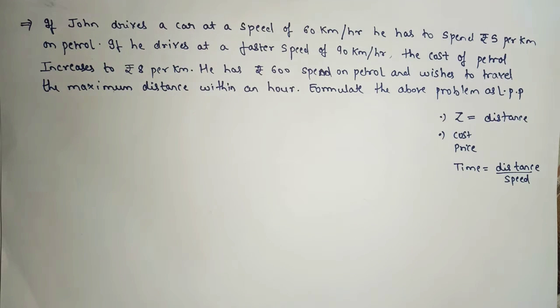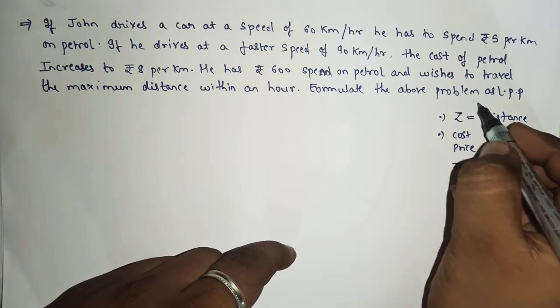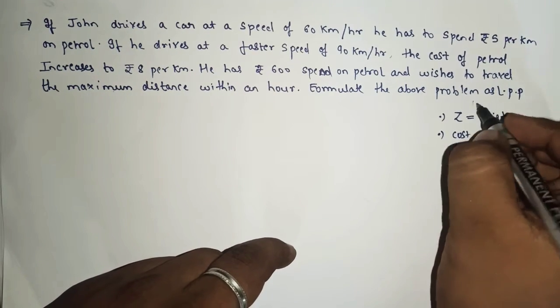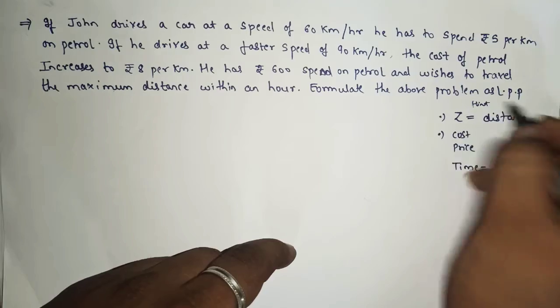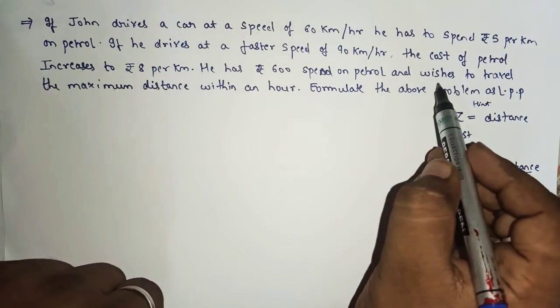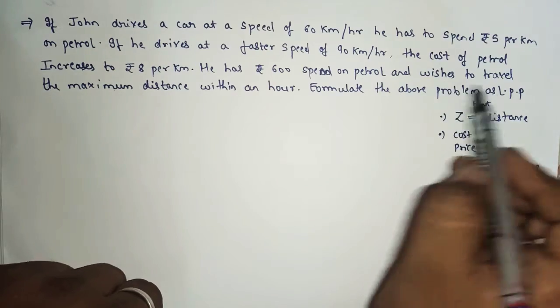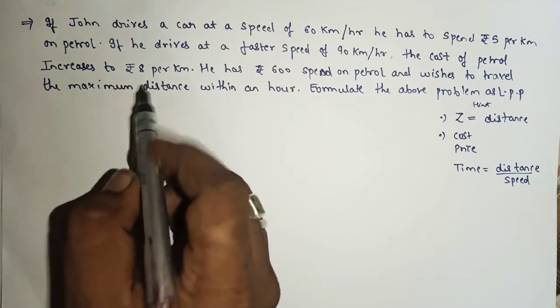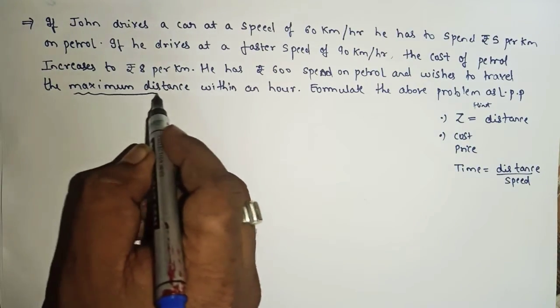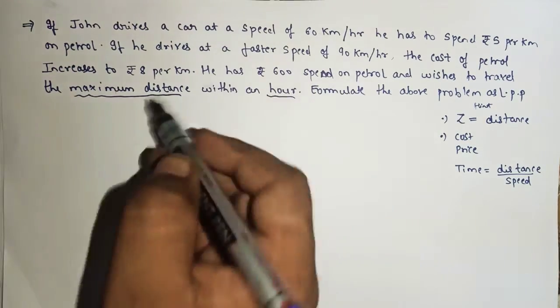Now first we'll see the concept. Whenever you come across this type of sum, based on speed, distance and time, I can say this is a small hint. What is the hint here? It says to formulate the above problem as LPP, the person wishes to travel the maximum distance within an hour.